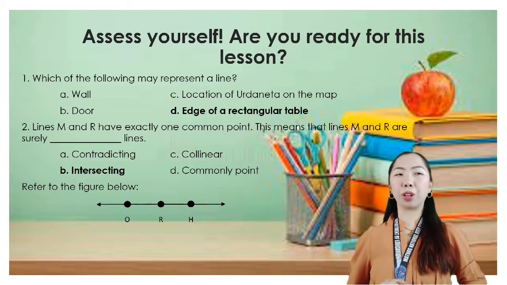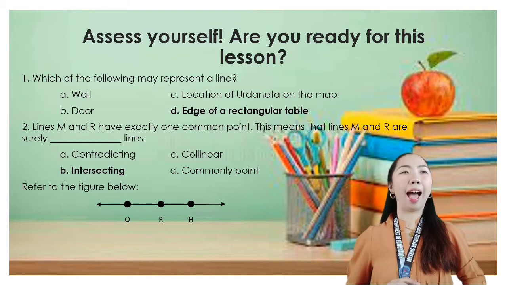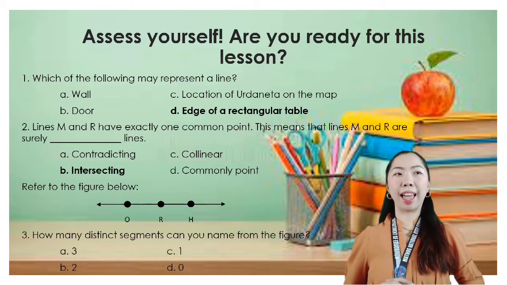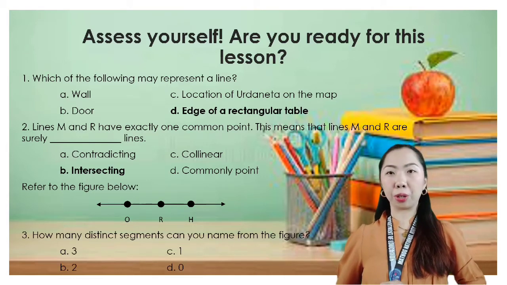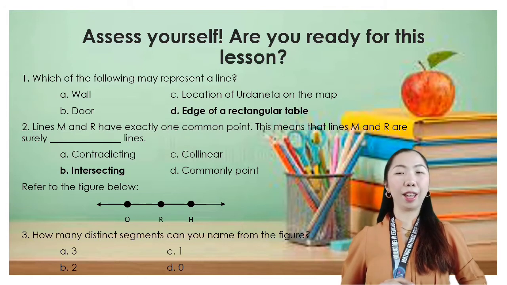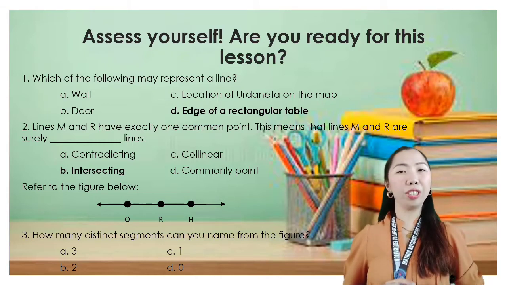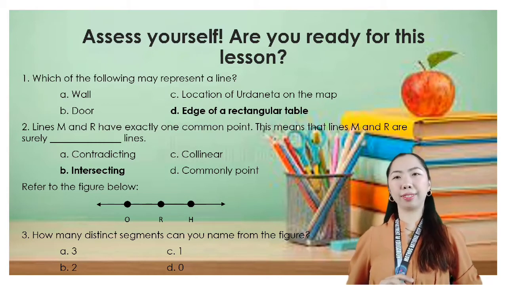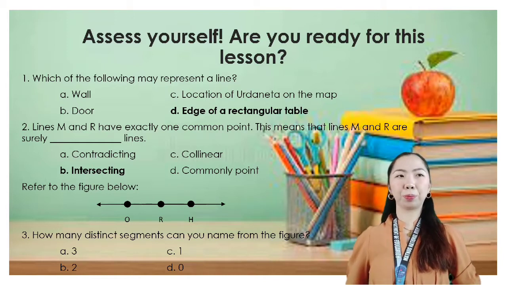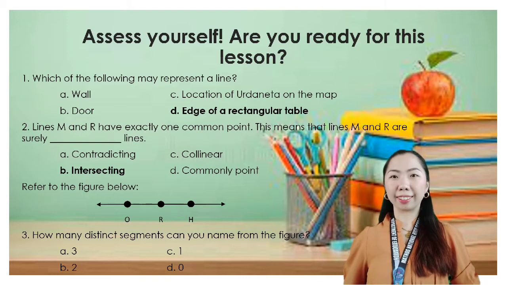Okay, so for the next number or item, you're going to refer to the figure below. So the question is, how many distinct segments can you name from the figure? A. 3. B. 2. C. 1. Or D. 0. How many did you get?